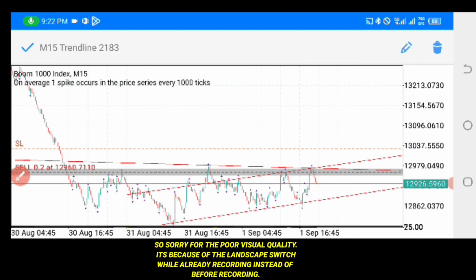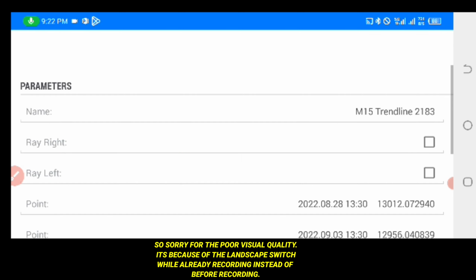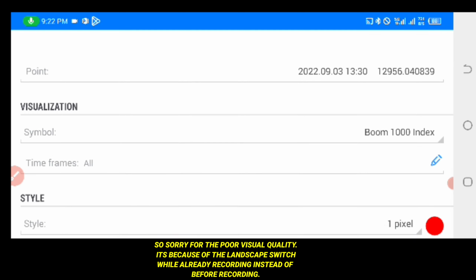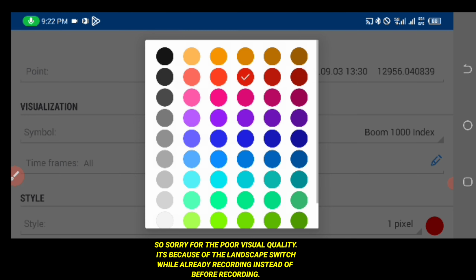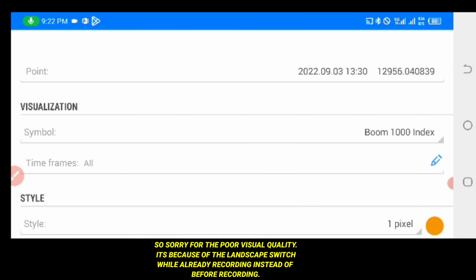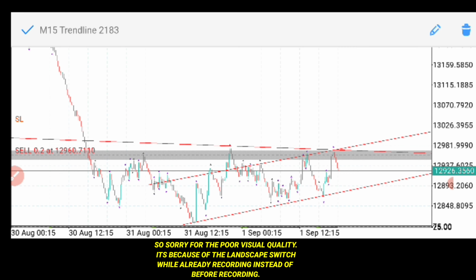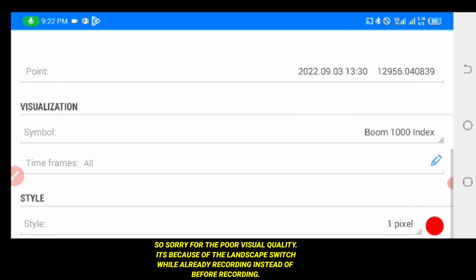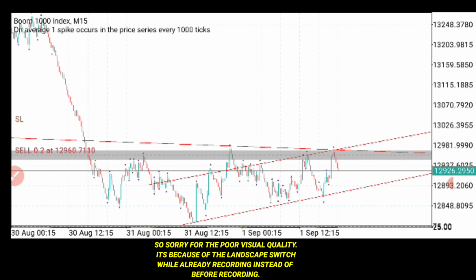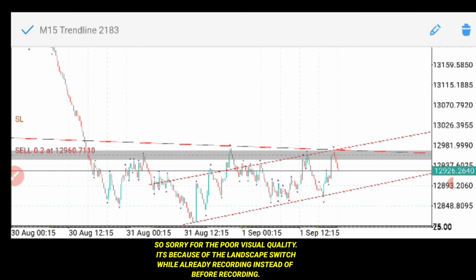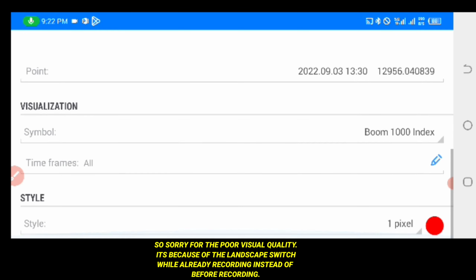Let me change it to yellow, right? That is still not so conspicuous. Let me change it to something entirely different. Come on, it's not changing. Okay, let's just make do with what we have here.